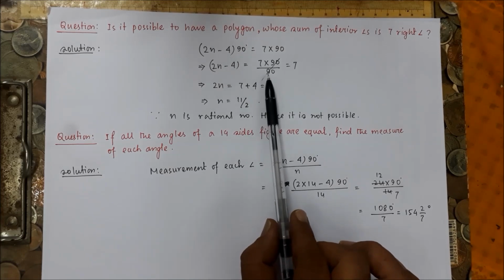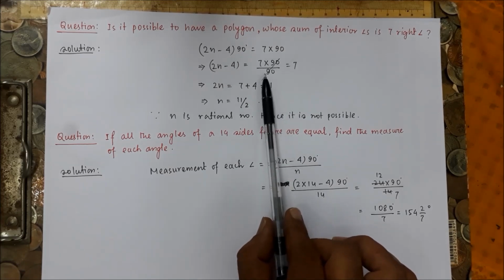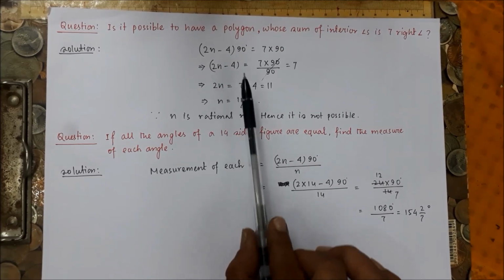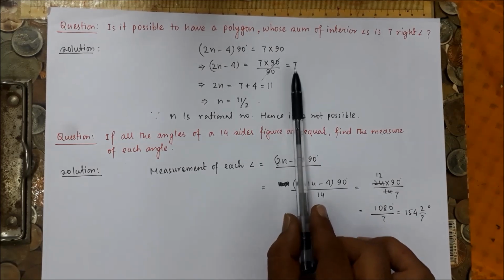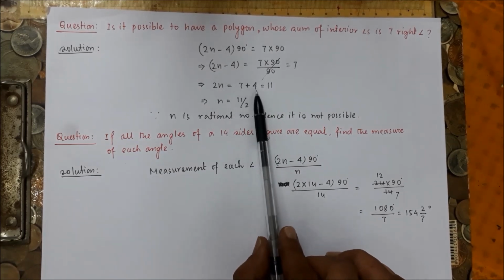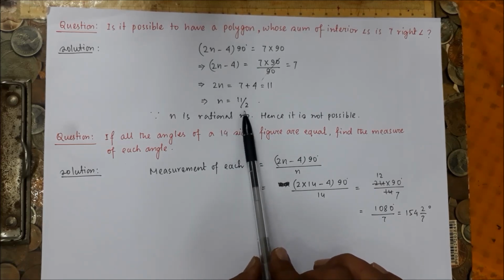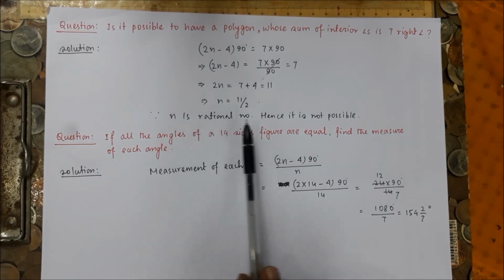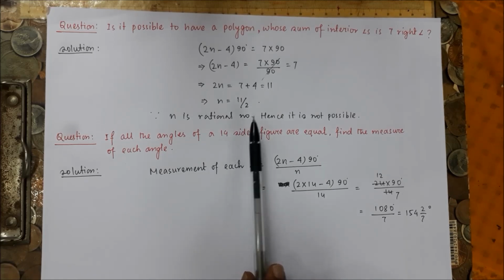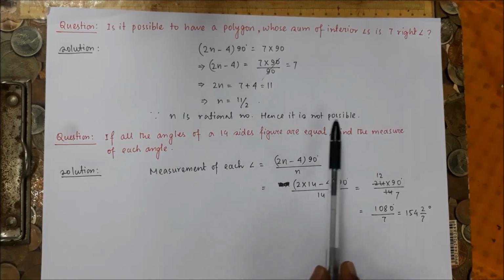If you take the 90 to the other side, the 90s cancel each other. So you get 2n minus 4 equals 7. That means 2n is equal to 7 plus 4, 11. So we get n equal to 11 by 2. Since n is a decimal, it is not possible, because the number of sides in a polygon always takes a natural number. If it is a decimal, it is not possible.